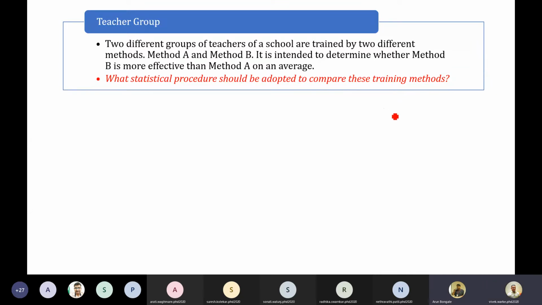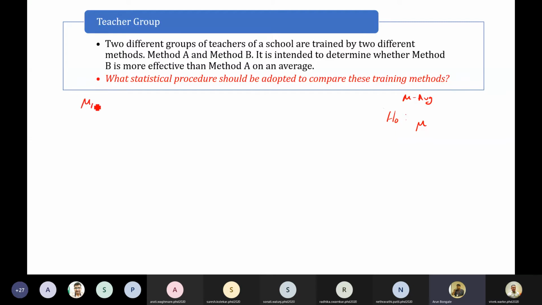Sir, mu is the average of effective training, if it is greater for method B. So we need to frame two averages, right?